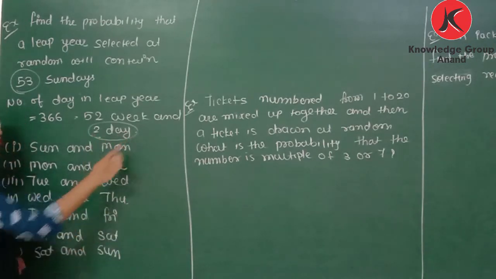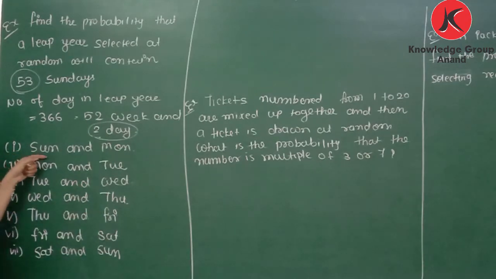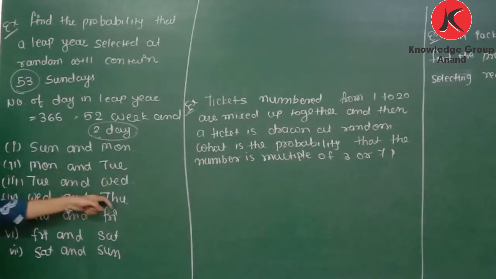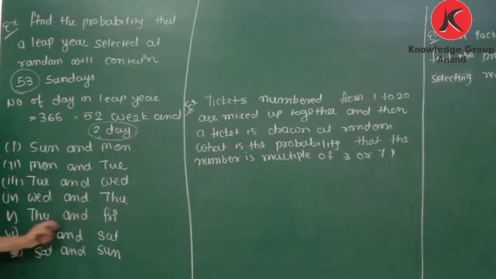So in these 2 days, it may be possible that the first day is Sunday and the second is Monday. Then the first is Monday and next is Tuesday, Tuesday and Wednesday, Wednesday and Thursday, Thursday and Friday, Friday and Saturday, and Saturday and Sunday. So there are 7 cases for this.